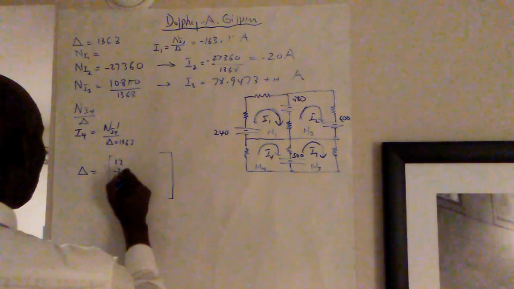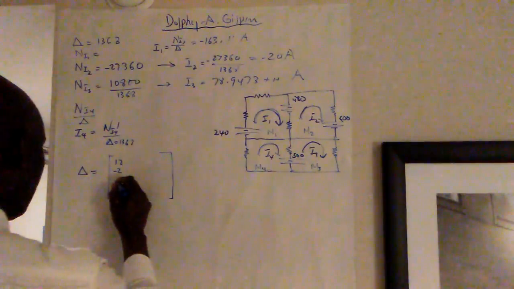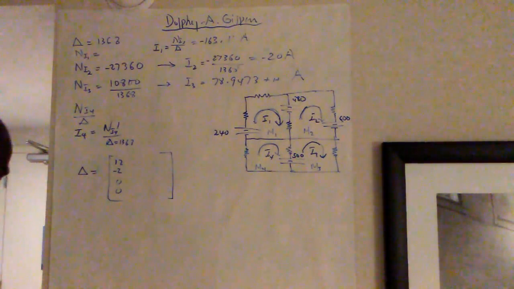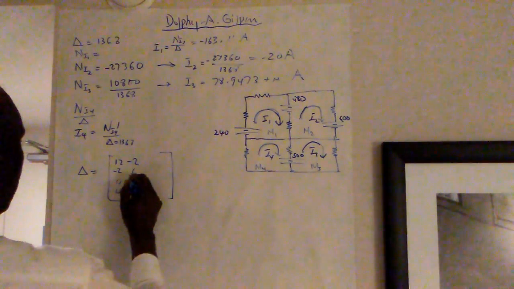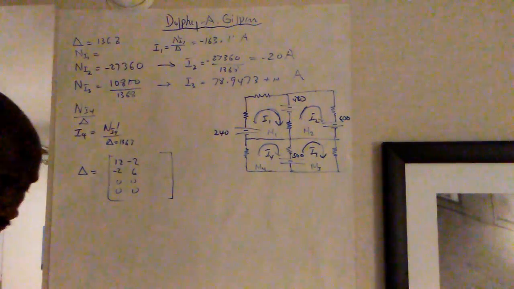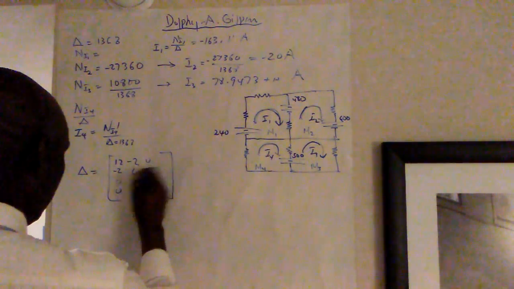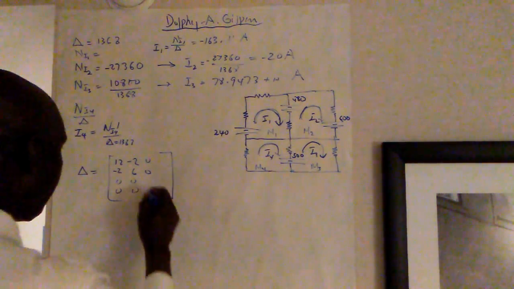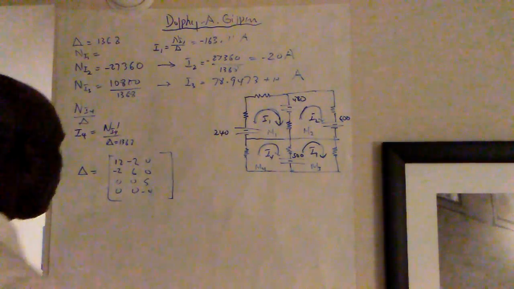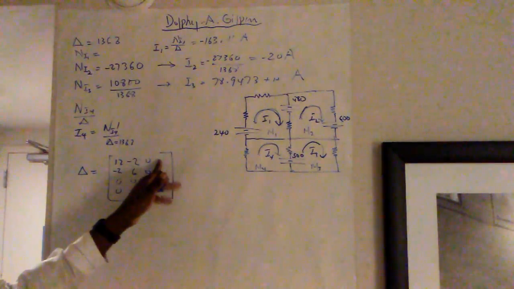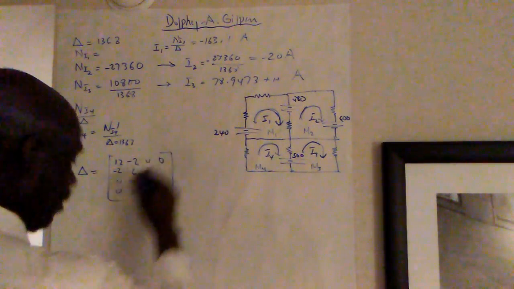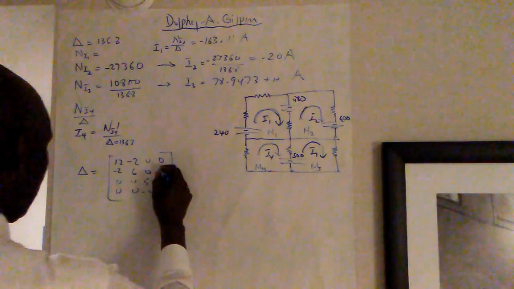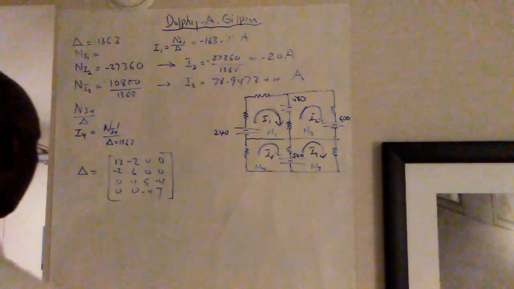12, minus 2, 0 and 0, minus 2, 6, 0 and 0, 0 and 0, 5 and minus 4. And 0, 0, minus 4, 7.